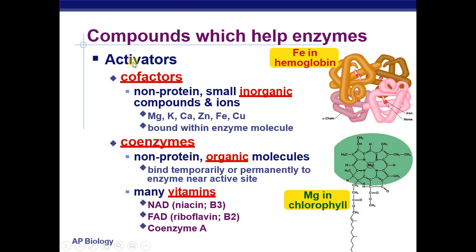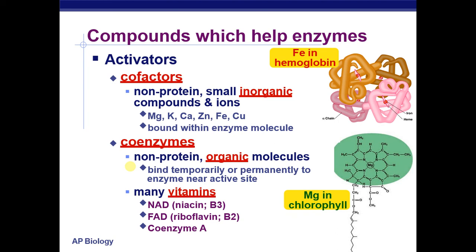Other activators that are similar to cofactors, they do similar things, but they're organic molecules, are called coenzymes. They bind temporarily or permanently to the enzyme near the active site, and they help out, again, with the enzyme catalysis.